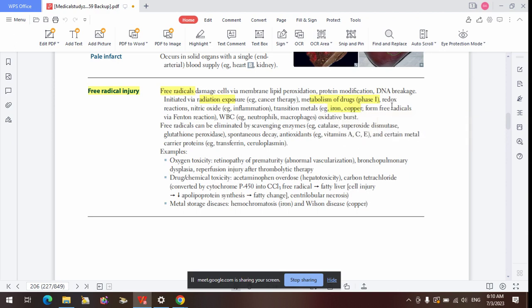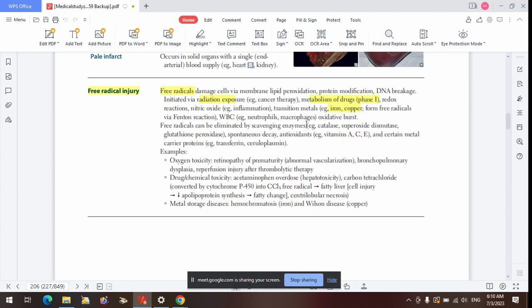We explained redox reactions like oxidative phosphorylation generating free radicals, particularly superoxides, due to incomplete transfer of those electrons to oxygen to generate the superoxide radical. We said nitric oxide is one of those inflammatory mediators that's released from white blood cells, and they can readily go on to form reactive nitrogen species like nitrite radical, peroxynitrite and the likes.